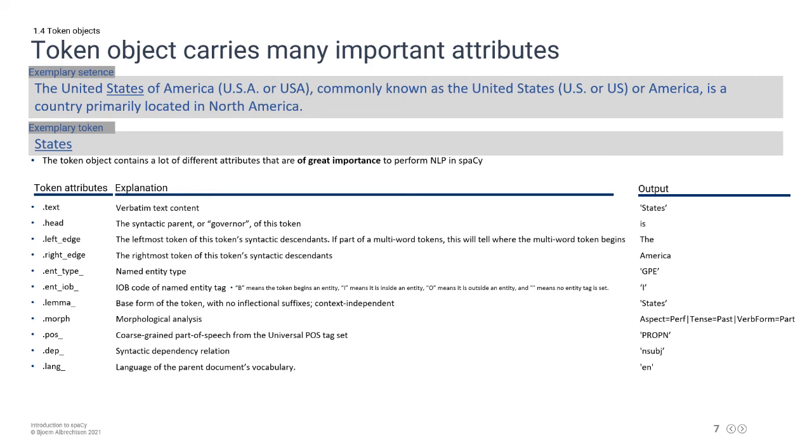You could access the lemmatized version of the word. You could conduct some morphological procedures with the word. And you can also, which is very interesting, access the part of speech of this specific token.